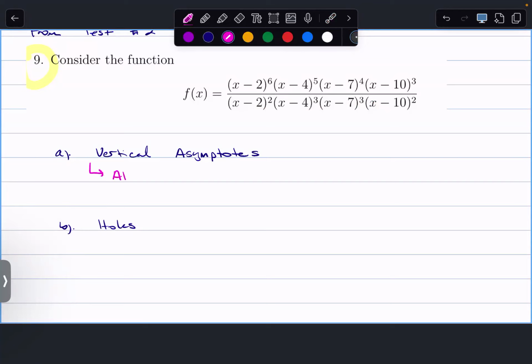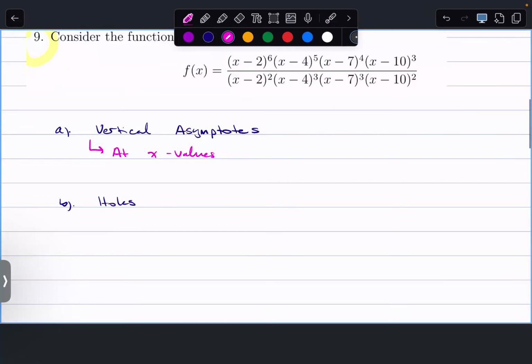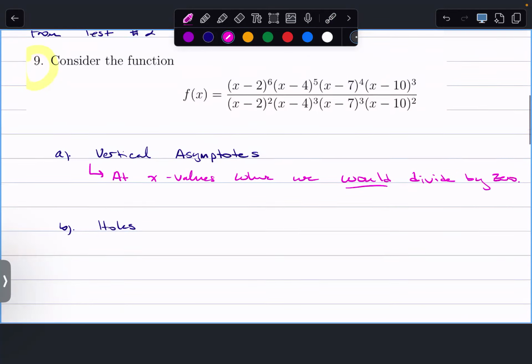Okay. So at x values where we would divide by 0, we can't, right, by the domain. Okay.